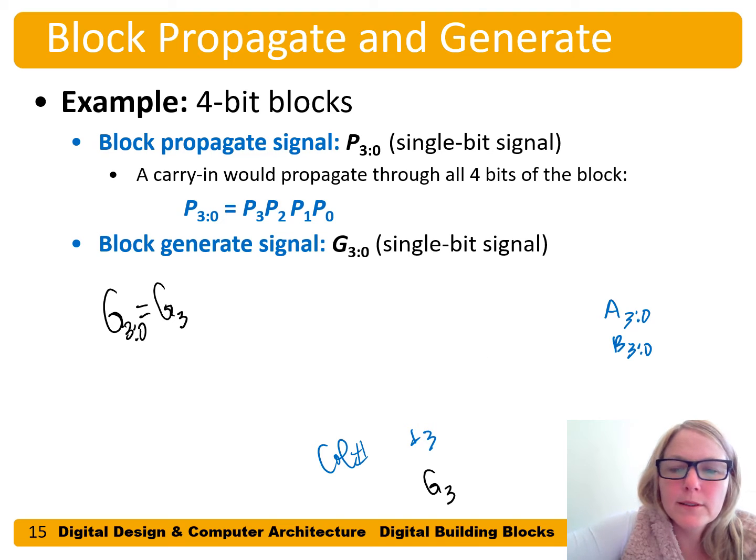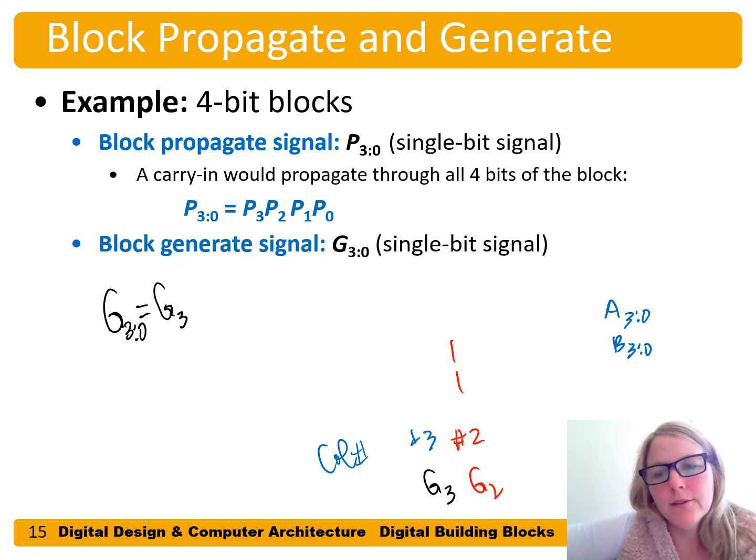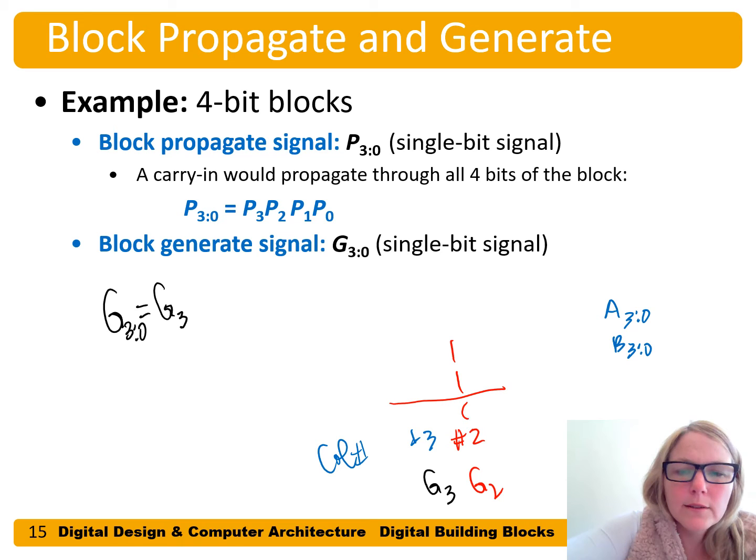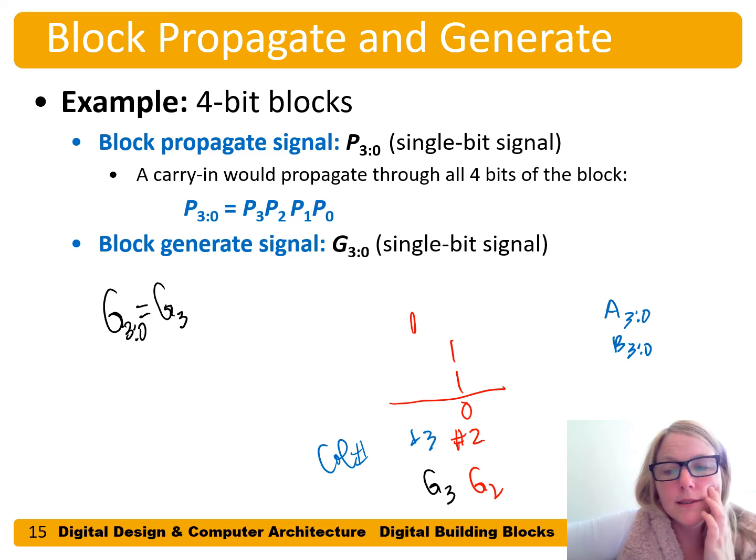Let's think of some other options here. Well, what about, let's go to column 2. Let's see if column 2 generated a carry. So G2, if that generated a carry, would that be enough? Let's see, 1 plus 1 would be 0, and then it would generate a carry into the next column, column 3.